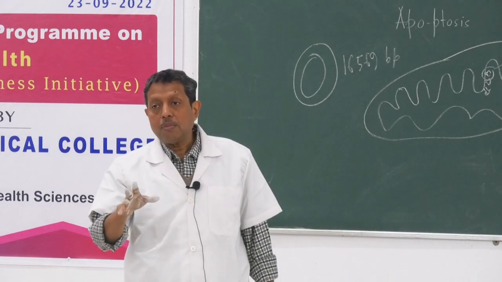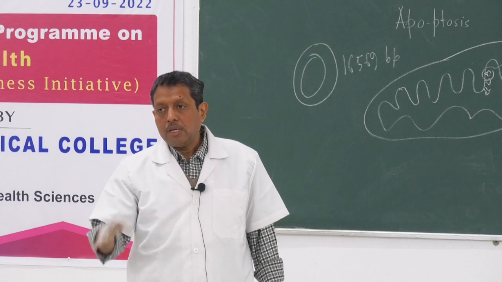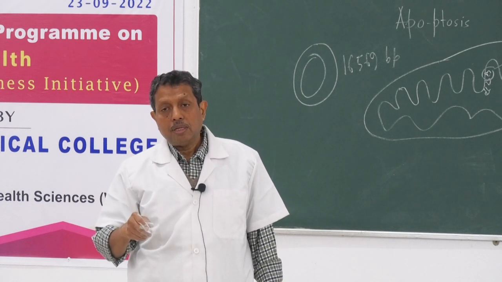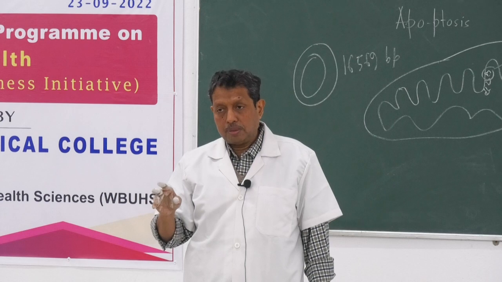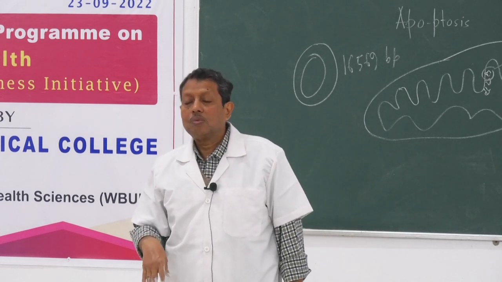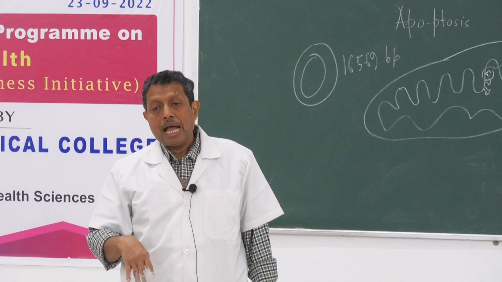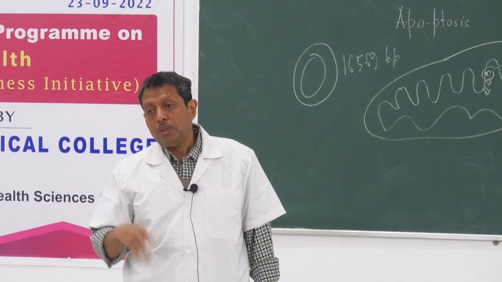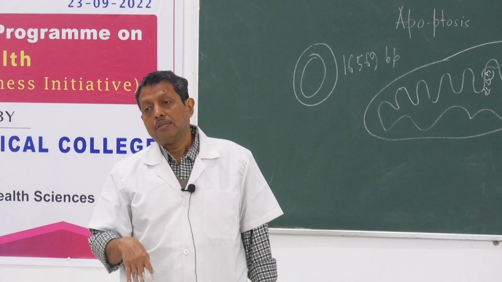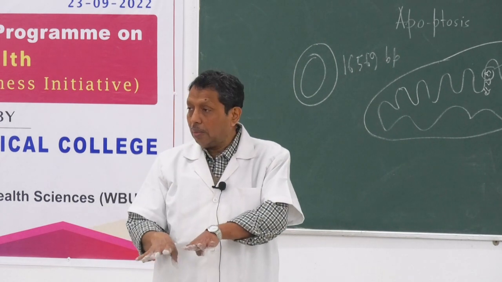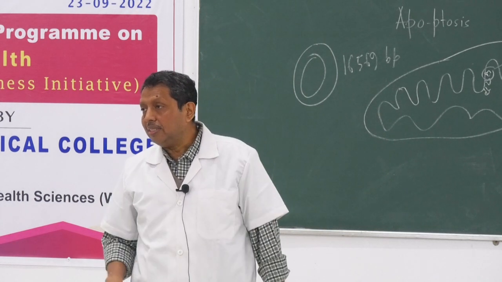In the development of the nervous system, huge numbers of neurons are produced, but a lot of them go down, and then others survive. Similarly, in the development of the immune system in the thymus or bone marrow, huge numbers of immunocytes are produced, and they automatically die to be replaced by better immunocompetent cells. Also the webs of the fingers and toes during development.